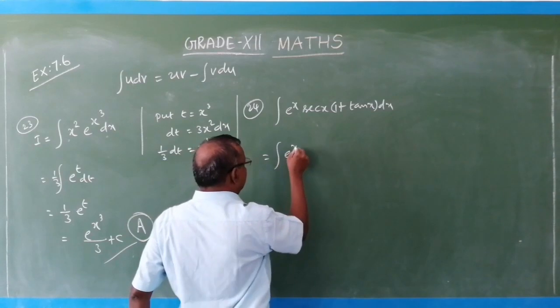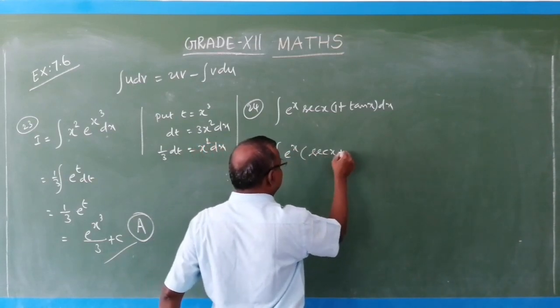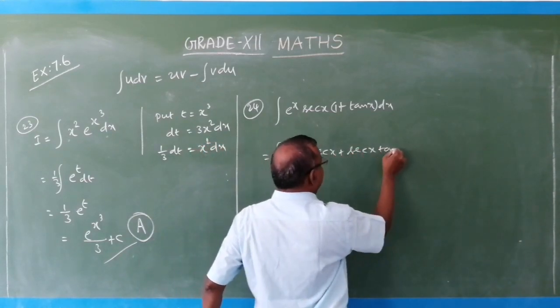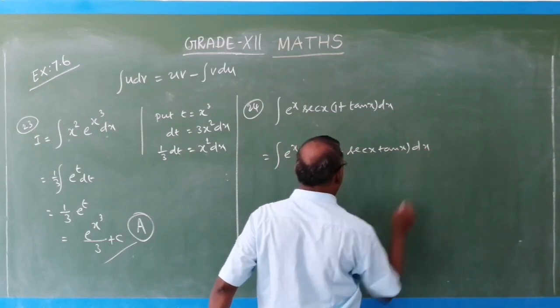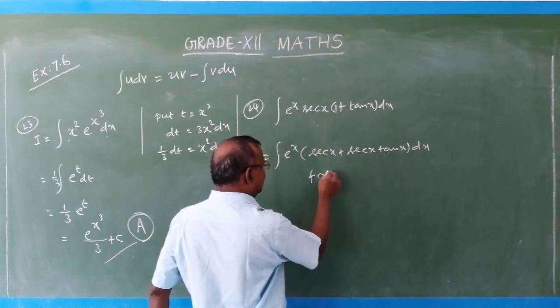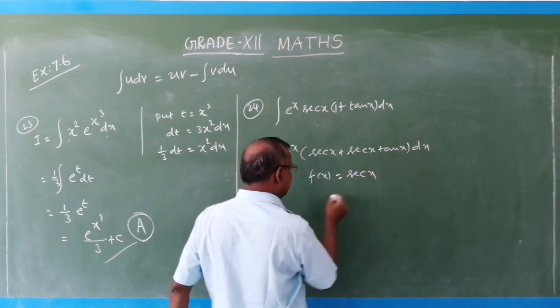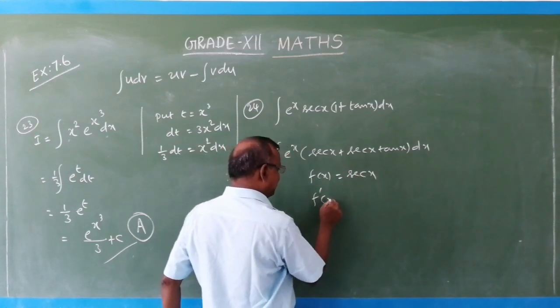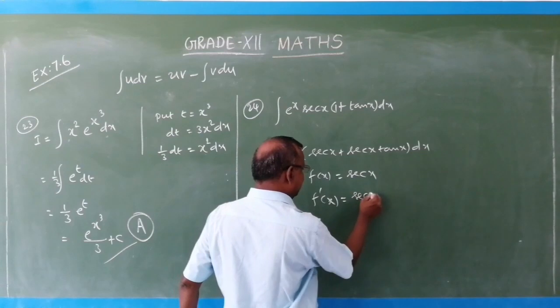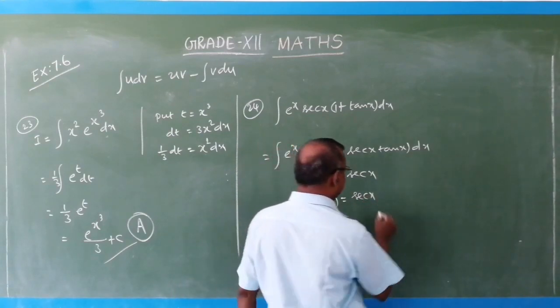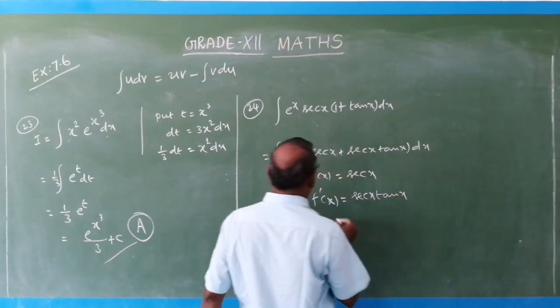Now, multiply secant x inside, this is e power x into secant x plus secant x tan x into dx. Here let f of x equal to secant x; the derivative of f of x is secant x tan x. Differentiating secant x, we get secant x tan x.